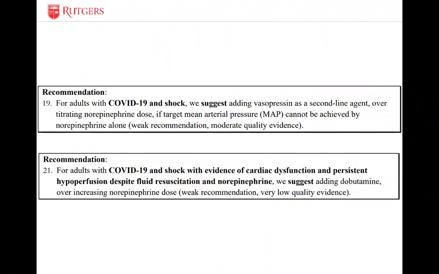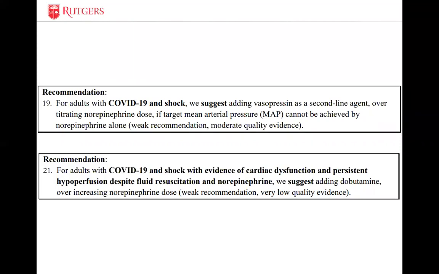Okay, so if you're refractory to one pressor, or you're starting to go up on your pressor requirements, what do we give? In general, the SCCM is recommending vasopressin as a second line agent. And if you see here, they also recommend adding it on as opposed to titrating norepinephrine, which is very vague, but I'll tell you what I think they mean by it.